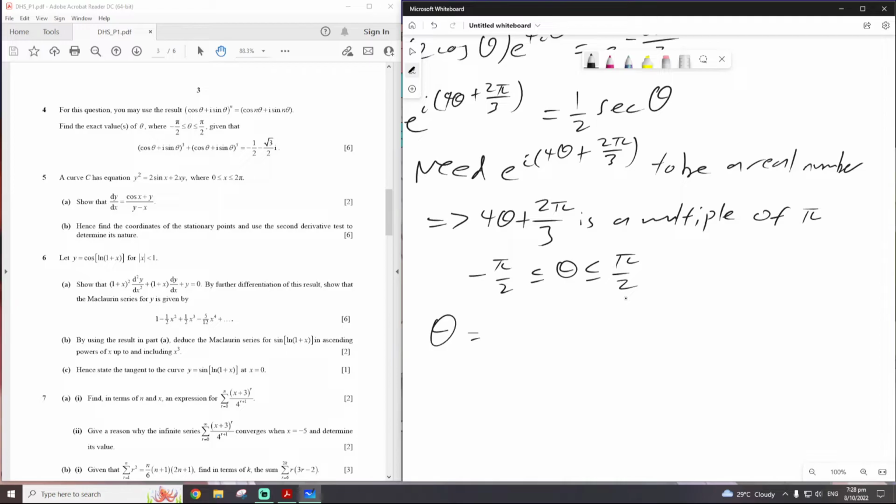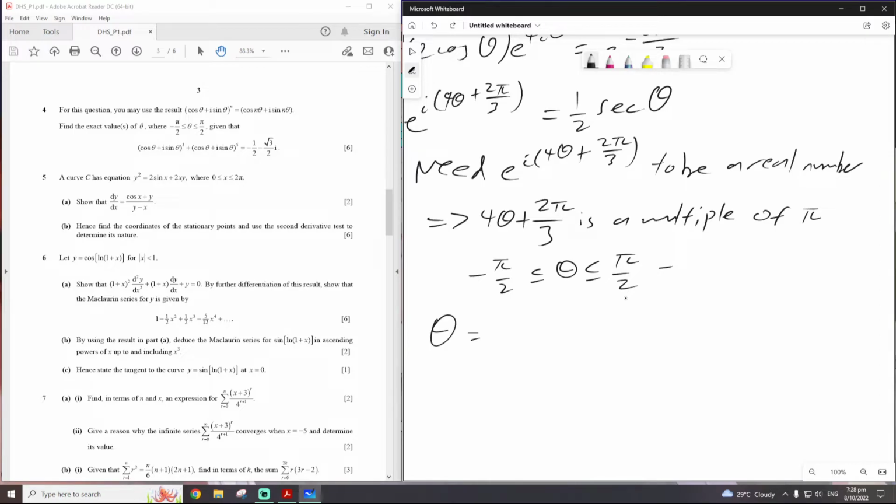I'm a bit confused. Let me write this as 4 pi over 6, and this is 3 pi over 6. Yes, so this is negative 7 pi. Oh no, it's the other way around.